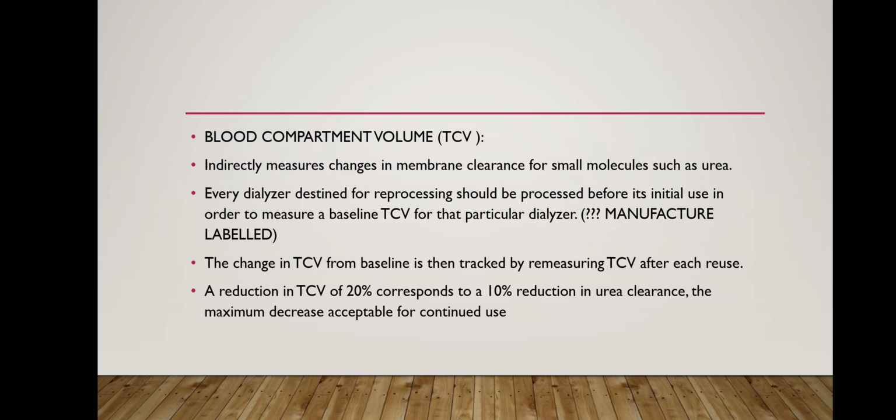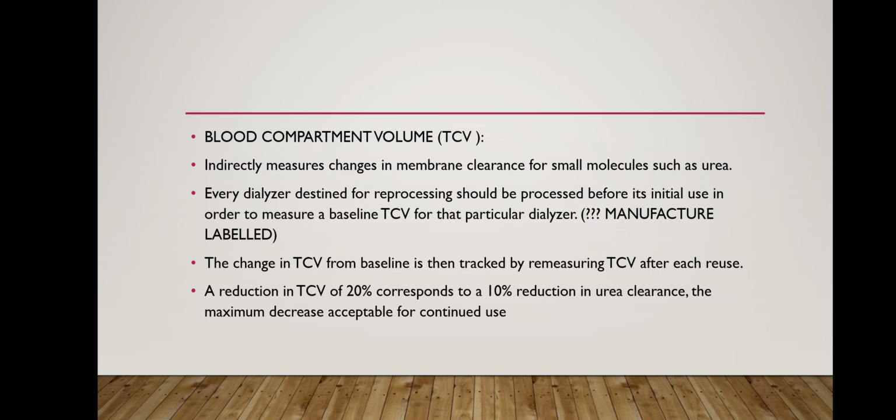The final part is the blood compartment TCV, which means total cell volume. It indirectly measures the changes in membrane clearances for small molecules such as urea. Every dialyzer designated for reprocessing should be processed before initial use in order to measure the baseline total cell volume for that particular dialyzer, and it should be labeled.